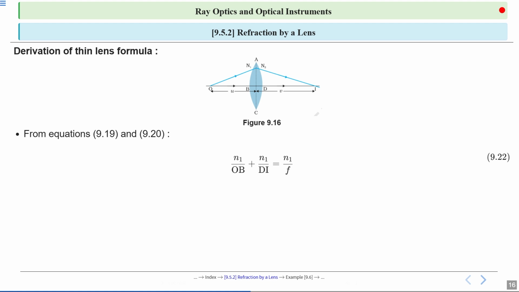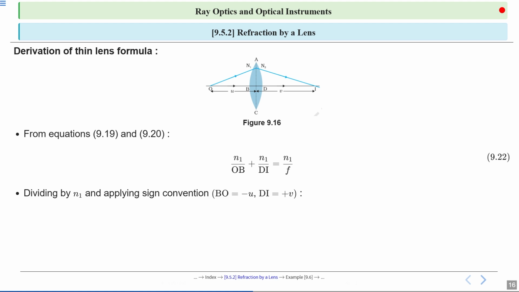Why? Object is at infinity, so parallel rays after refraction converge at one point that is known as focus. So image distance becomes equal to focal length. So DI will become F, and N1 upon OB plus N1 upon DI will become N1 upon F. Mark it as equation 9.22.